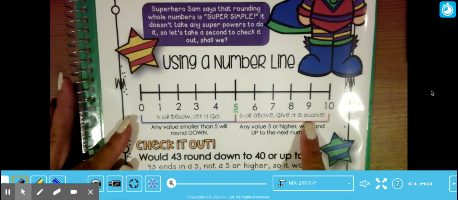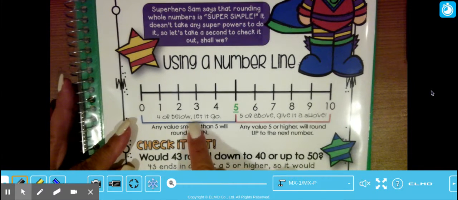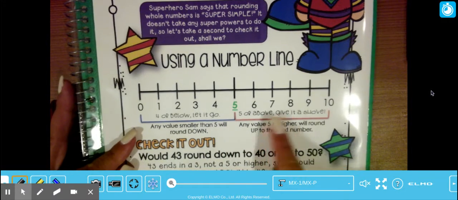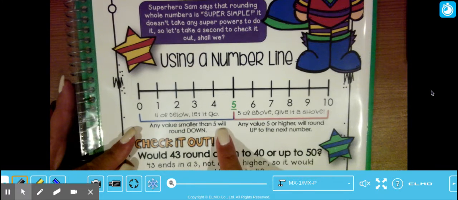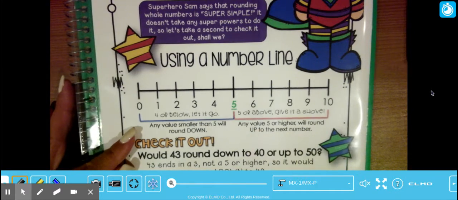It has lots of variations, but it goes something like this: 4 or below, let it go. 5 or above, give it a shove. So we know that any value smaller than 5 is going to round down, meaning your target digit will stay the same. Any value 5 or higher will round up to the next number.